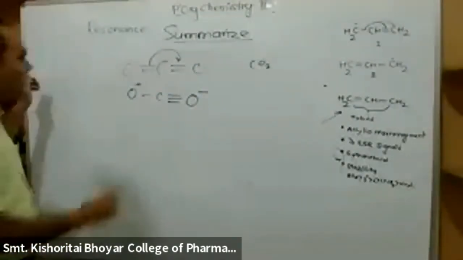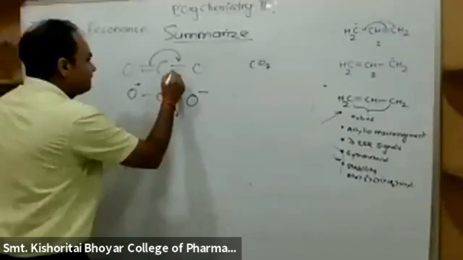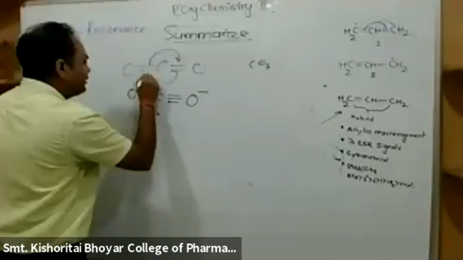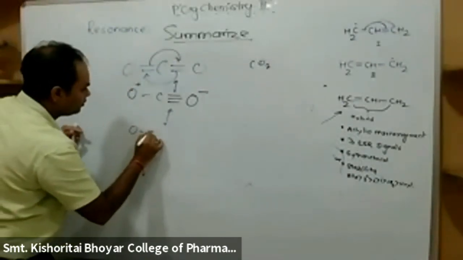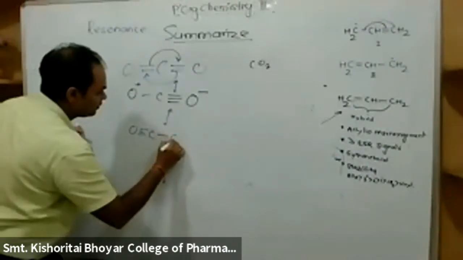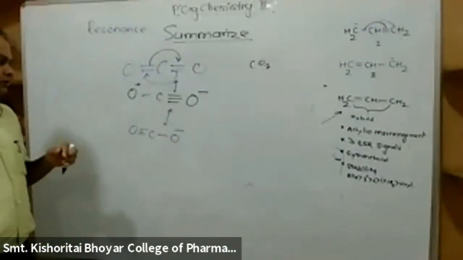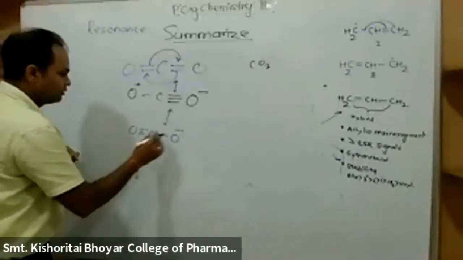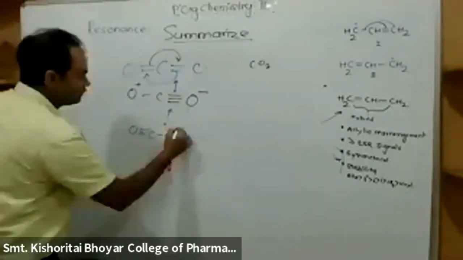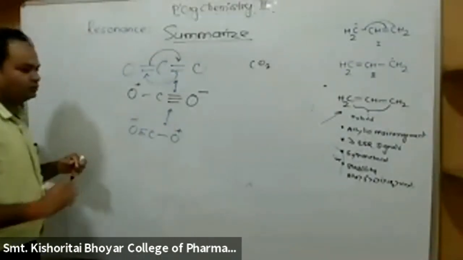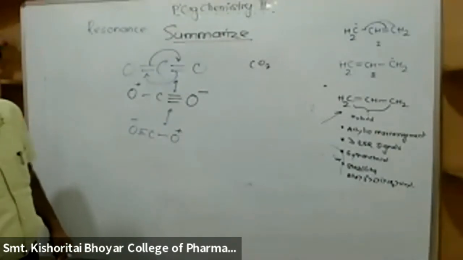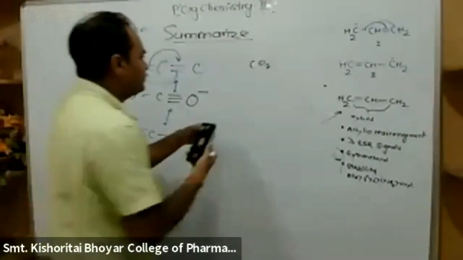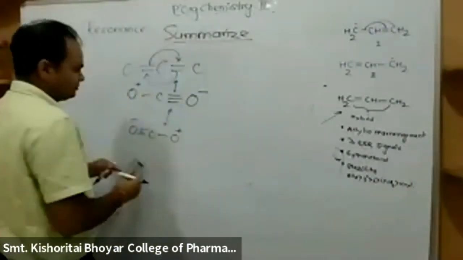Or if this other pi bond shifts, you will get a different structure like this: O triple bond C, O minus, O positive. So in this way, you get different structures.